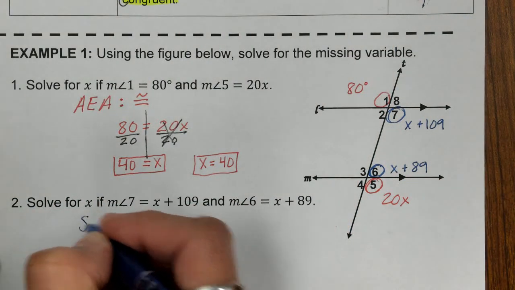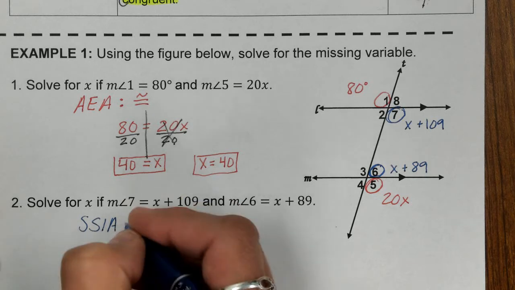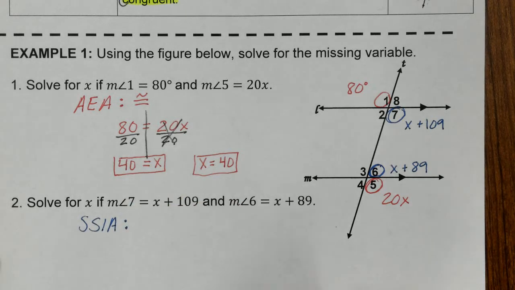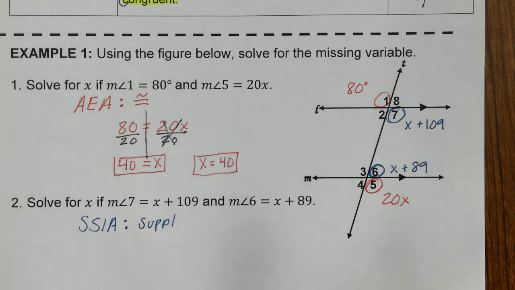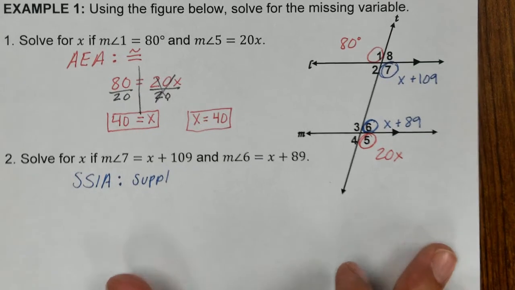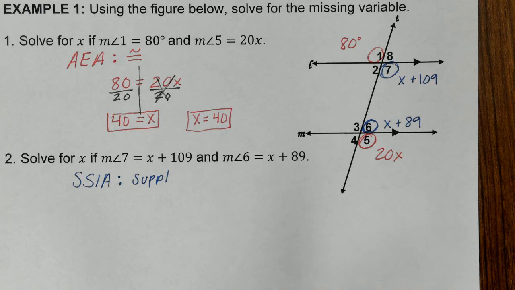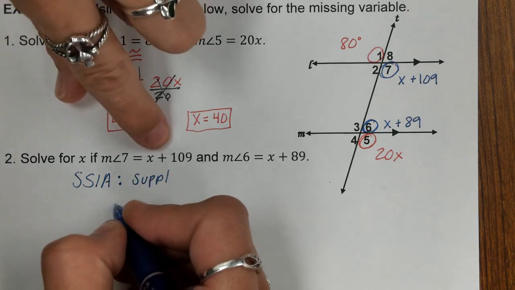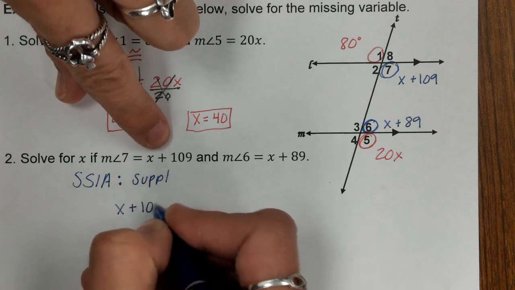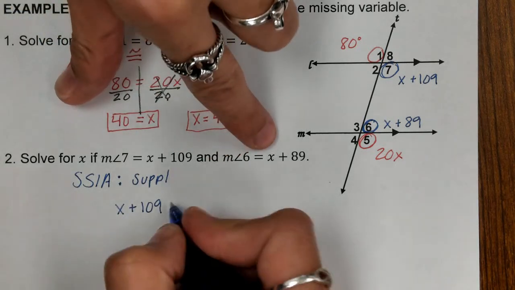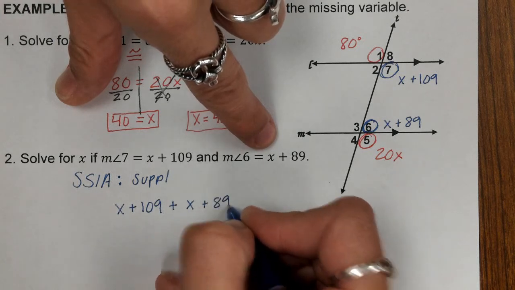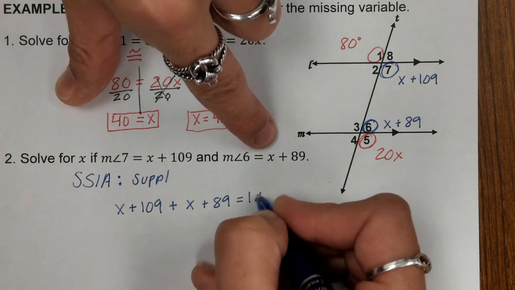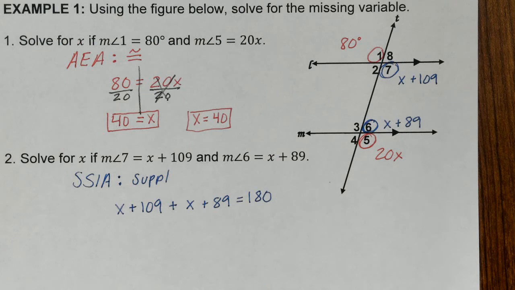So we have same side interior angles, and we learned same side supplementary. So we're going to have this as supplementary. So we're going to take these two and add them to equal 180 degrees. So I'm going to take first my x plus 109. I'm going to add my x plus 89, set it equal to 180 degrees.